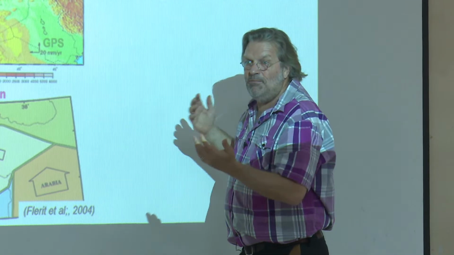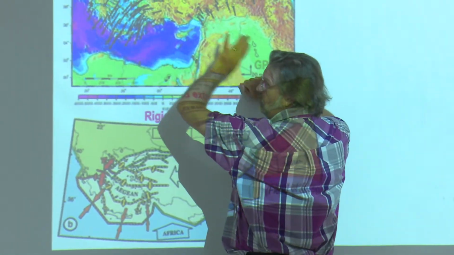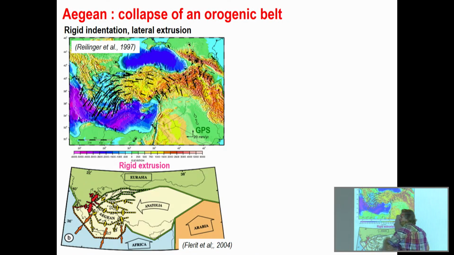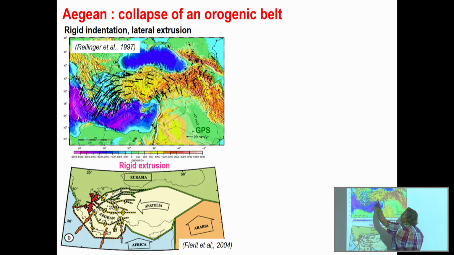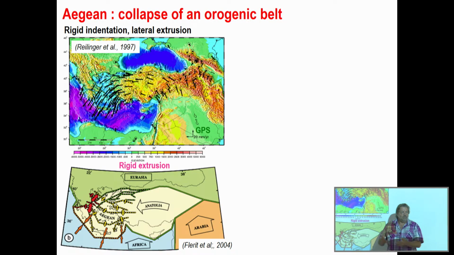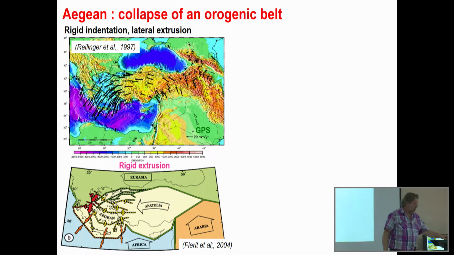At first sight, it might be tempting to say, okay, that's extrusion, lateral extrusion toward the west. And there's the Anatolian fault here, which is the most active fault in Europe currently. So it's very important to have a simple model that explains that. Well, looking at it more carefully, the punch hypothesis, I think, is not that relevant.